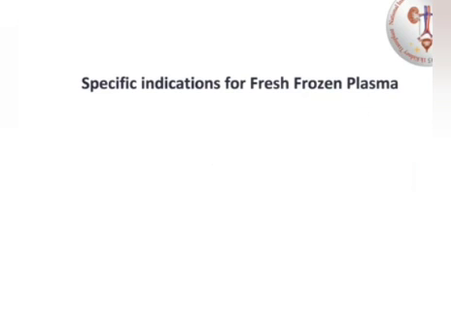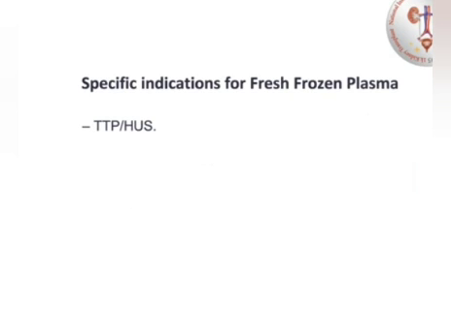Specific indications for fresh frozen plasma, and these are very important because, as we will see, almost the most frequently met indication for fresh frozen plasma, in nephrology at least, is the TTP-HUS.